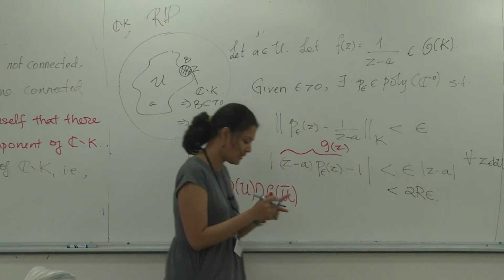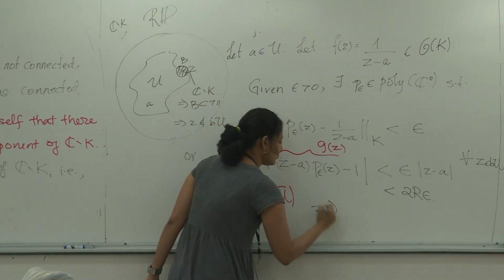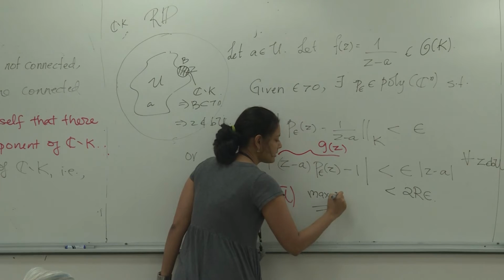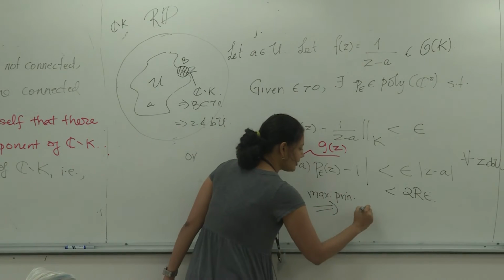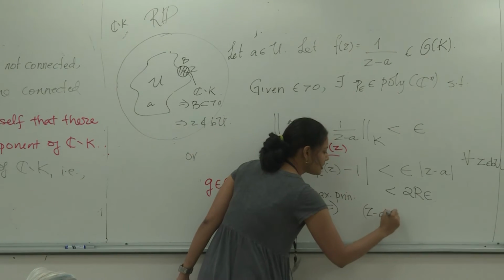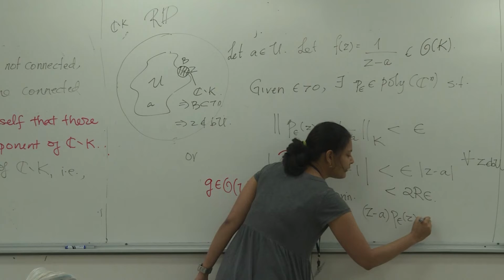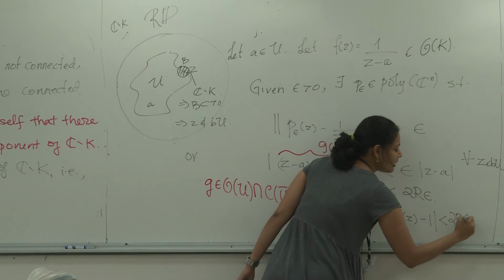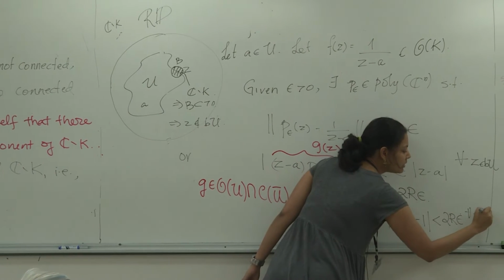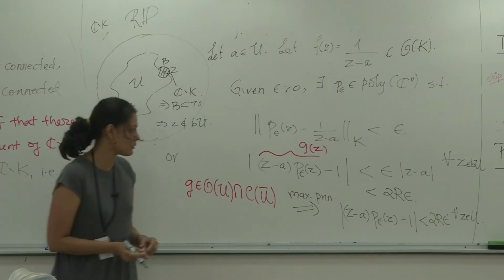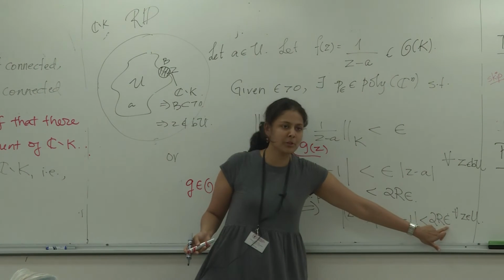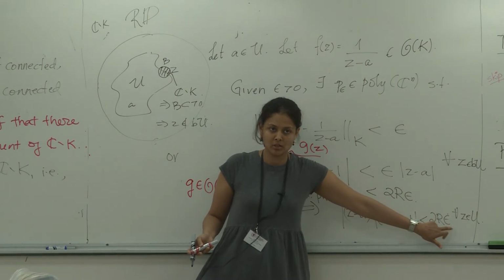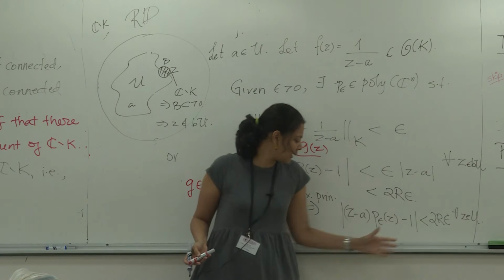So the maximum principle tells me that this estimate has to hold everywhere in U. Remember, epsilon was an arbitrary constant over here, which I can choose later on according to my convenience.